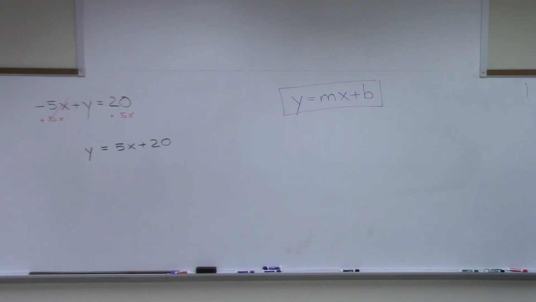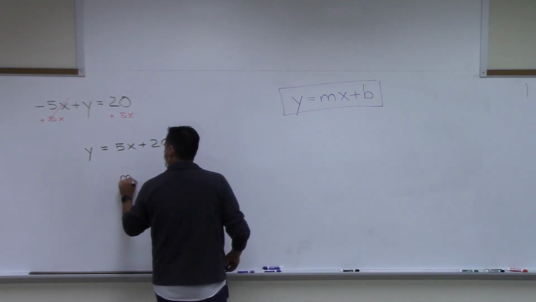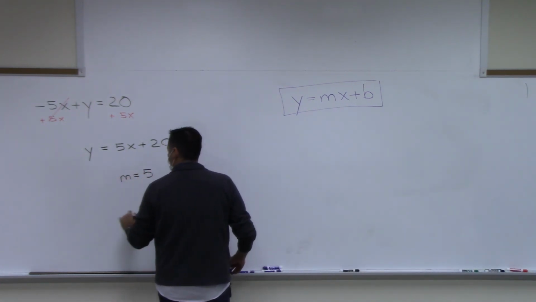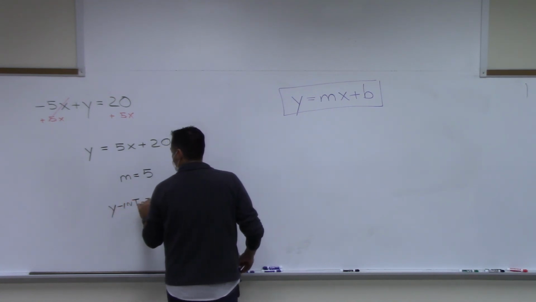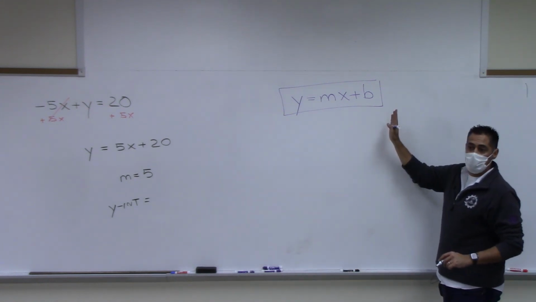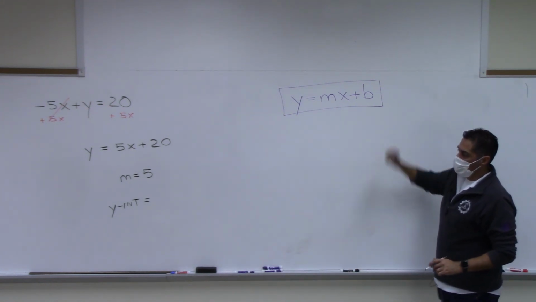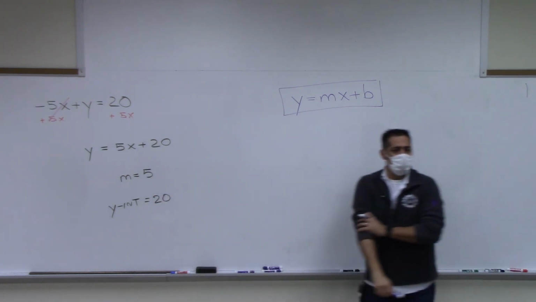No. Keegan, what is m for us here? 5. M is 5, so the slope of this line is 5. And Keegan, what is the y-intercept? The y-intercept will always be the number out to the side, which would be 20. Okay, 20. Everyone got that?